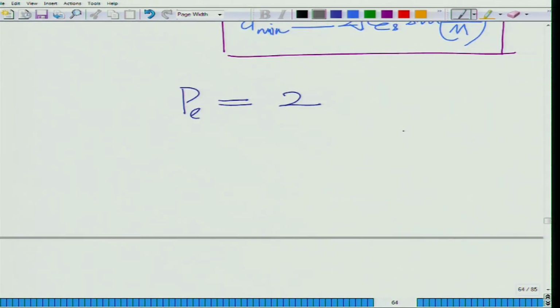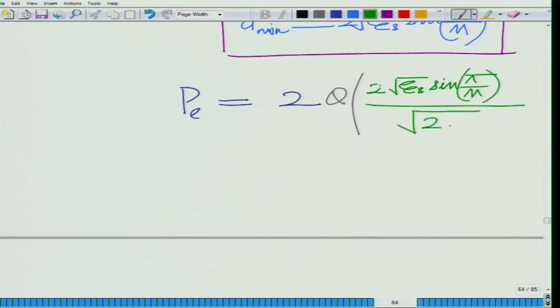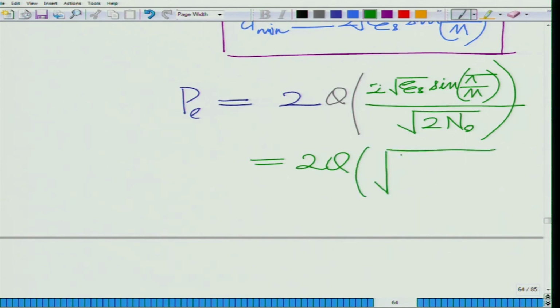So, we have probability of error equals twice Q, where d min is twice square root Es sine pi over M, divided by square root of 2 N naught, which is equal to twice Q of square root of twice Es sine square pi over M divided by N naught. That is the expression for the approximate probability.